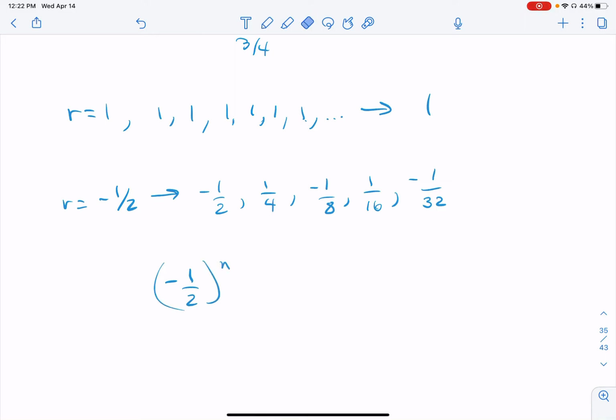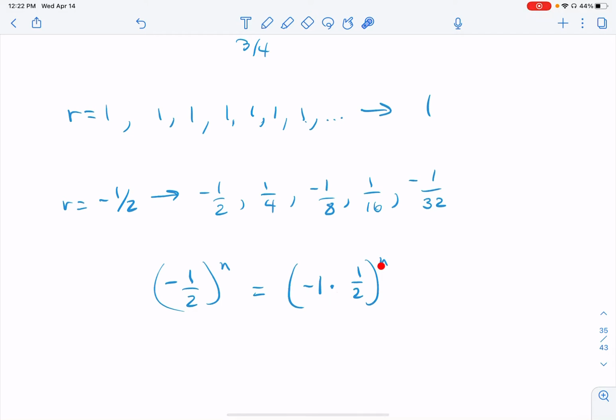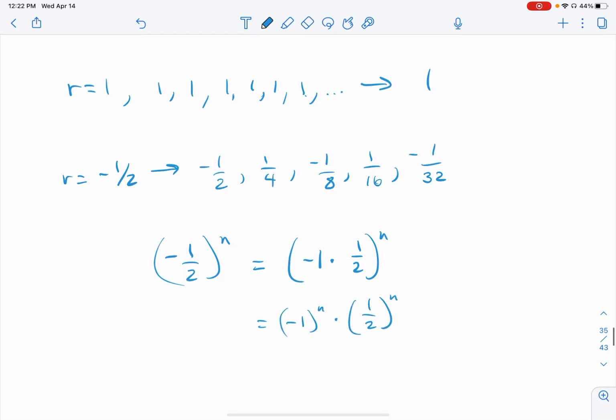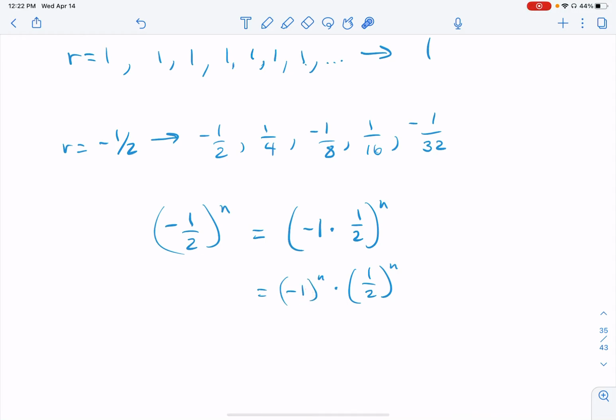So I'm just going to rewrite this as negative 1 times 1/2 raised to the nth power. And I have a product raised to the nth power, so by a property of exponents that is equal to negative 1 to the nth times 1/2 to the nth. And then you can see that we have our alternator right out here.